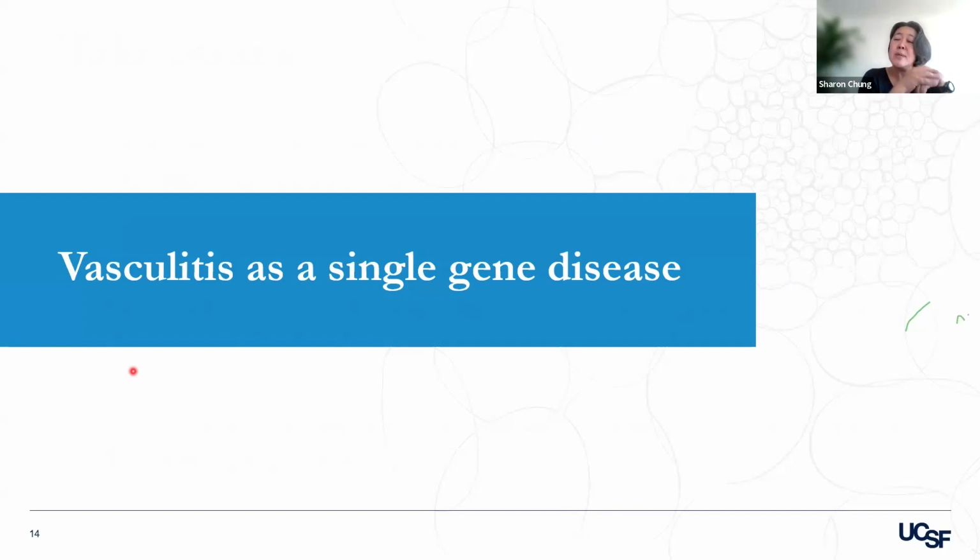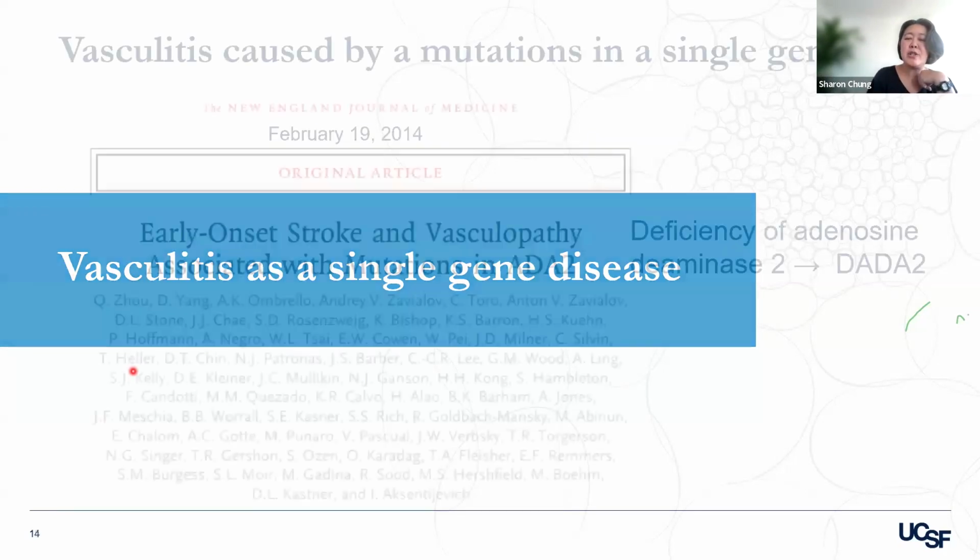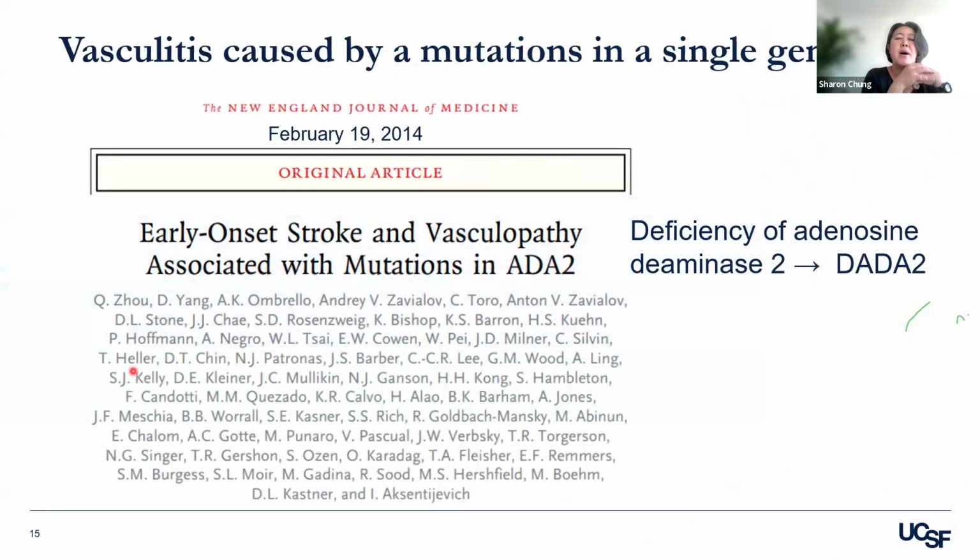However, there is a subset of patients with vasculitis that have their vasculitis due to a mutation in a single gene. And this is probably best illustrated by a process that we call DADA2, or deficiency of adenosine deaminase 2.